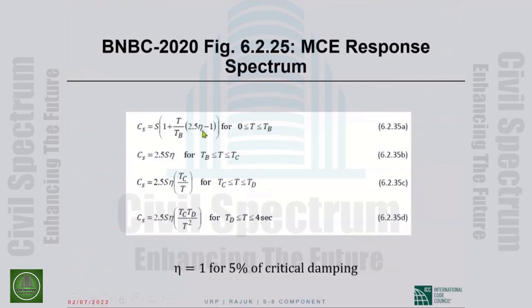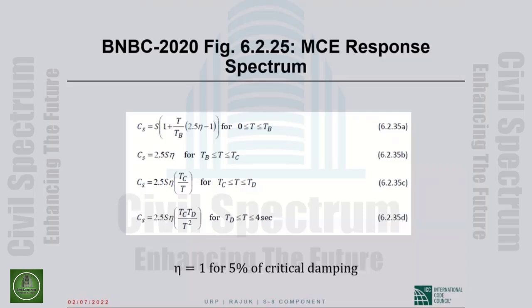The eta is a damping factor. This is definitely not in US codes. This is not in most other codes that I'm familiar with. So when we talk about design spectra, we typically assume 5% of critical damping.